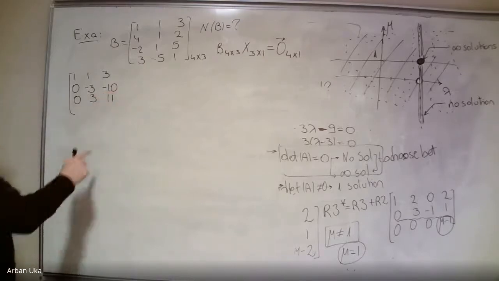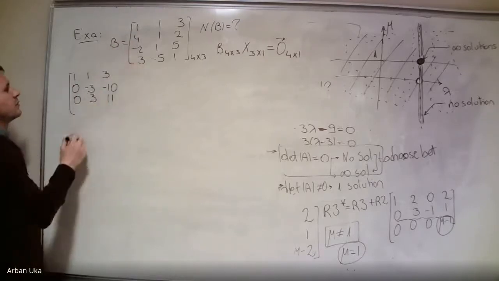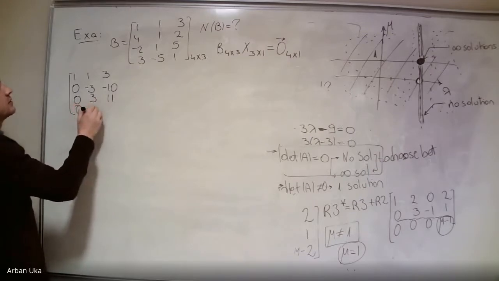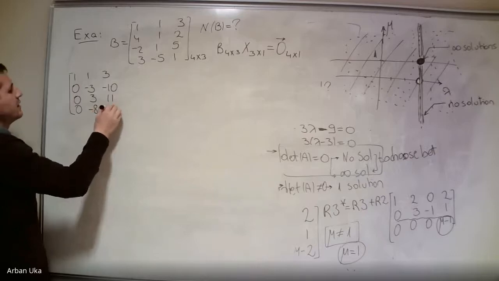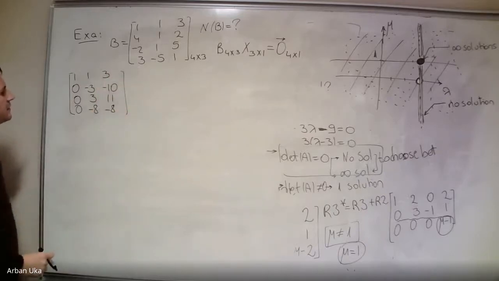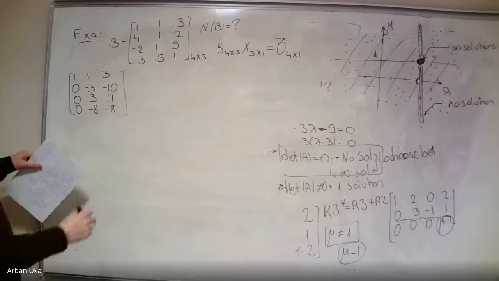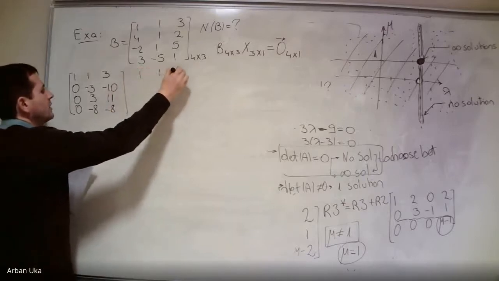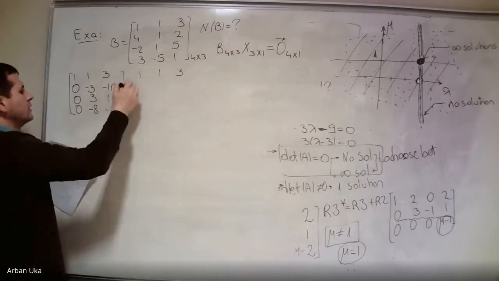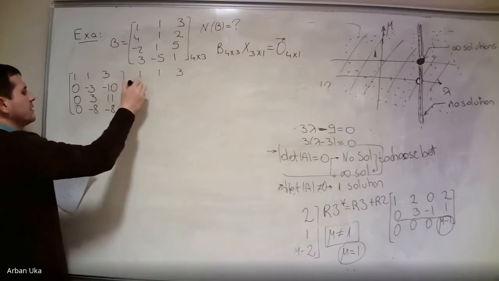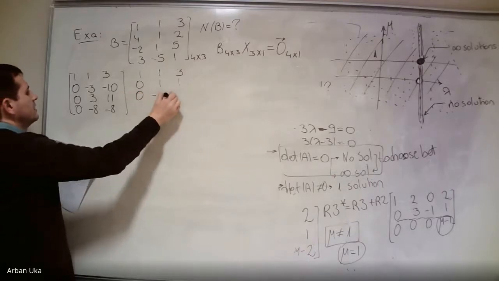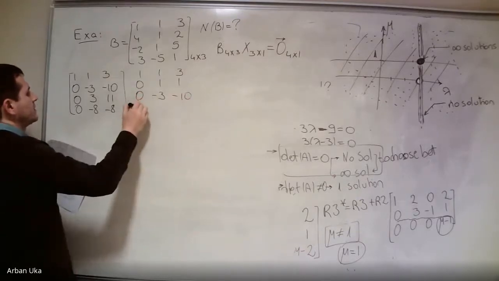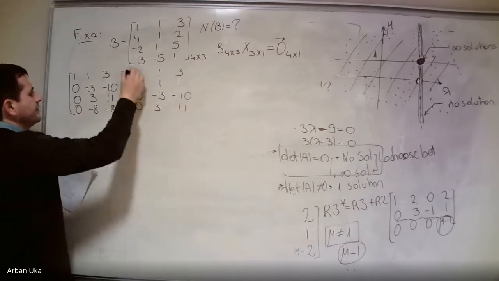And then we have row 3 minus 3 times row 1, this is 0, minus 5 minus 8, 1 minus 9 minus 8, okay? And then we could put here 1, 1, 3. We can put row 2 here and divide by minus 8. We can do this like this. And then this is 0 minus 3 minus 10, 0, 3, 11.